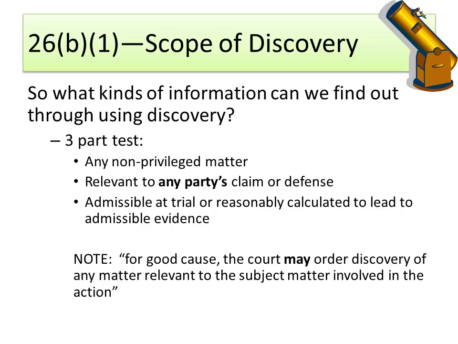But as a compromise, they left in this phrase that I have there in the note that allows the court to, if necessary, for good cause shown, order discovery on a broader scale. But when it says the court may order, as you know, when you see that word may, it means the court has discretion about it.